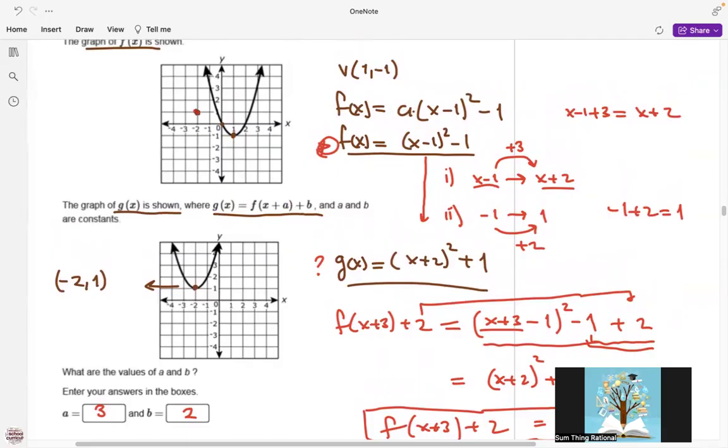It means 3 units left and 2 units up. Three units left means you have x plus 3, and 2 units up means plus 2. It means that a will be 3 and b will be 2.